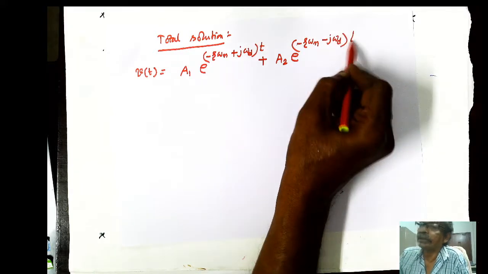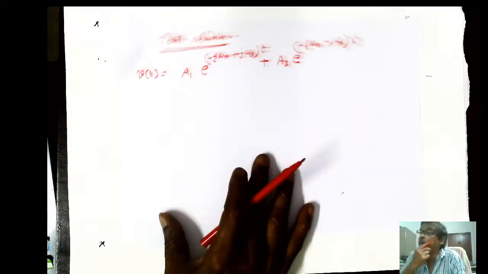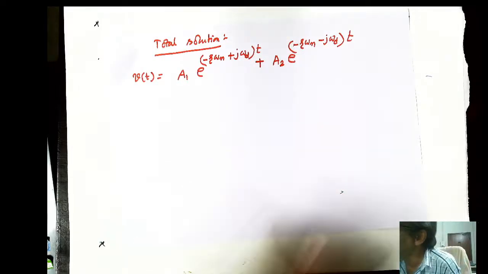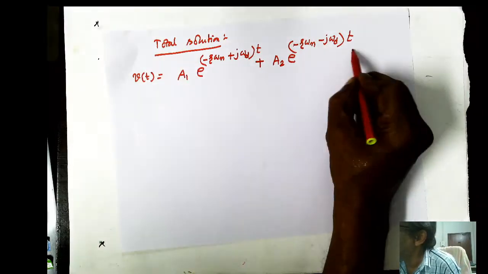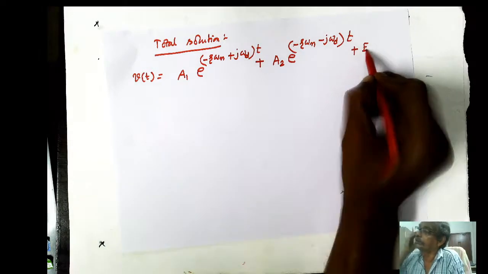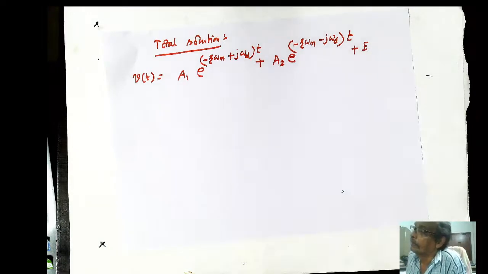So this will be the solution due to natural response, and solution due to forcing function is known already, we have told you.